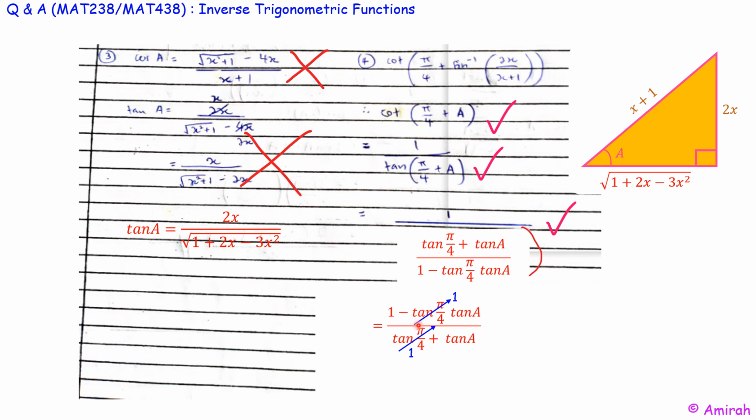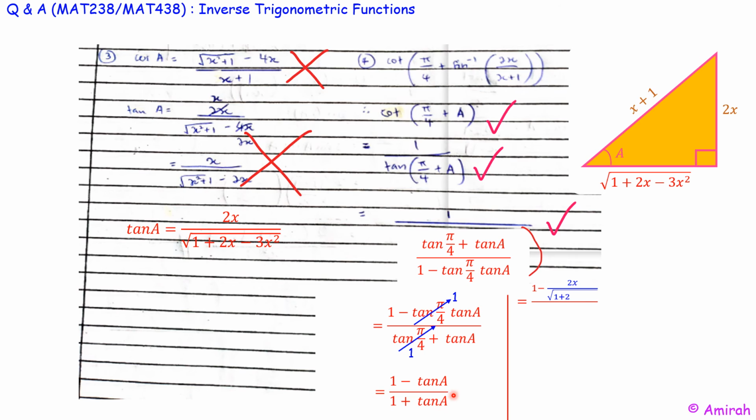Okay, so tangent pi over 4 radian equals to 1. Or tangent 45 degrees equals to 1, right? Then we have this, okay, 1 minus 1 times tangent A equals to tangent A, and then this is 1, and then plus tangent A, right?